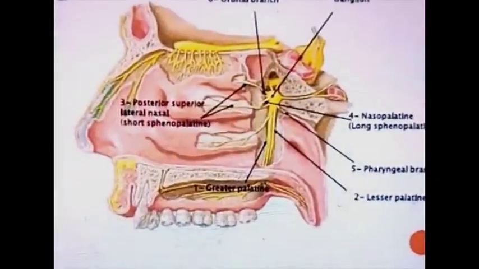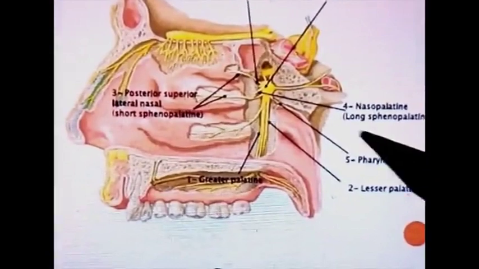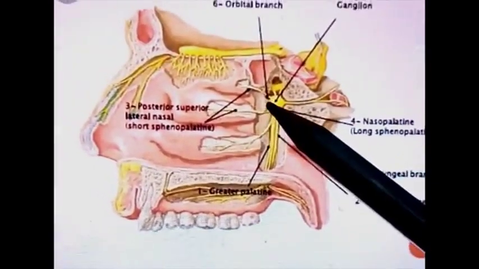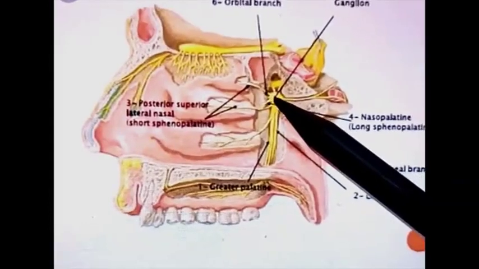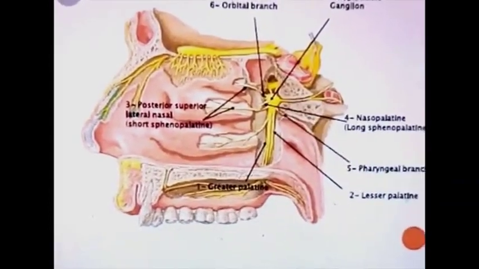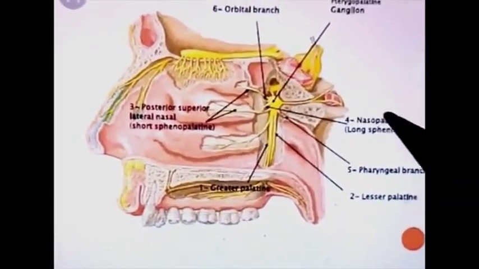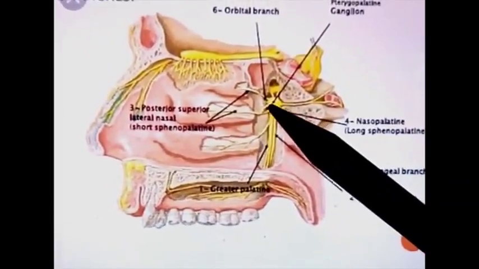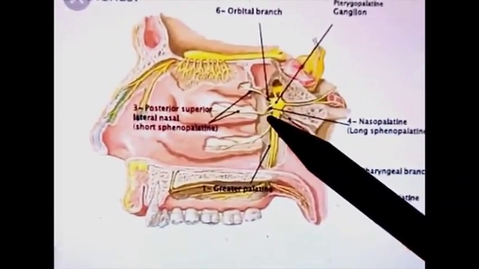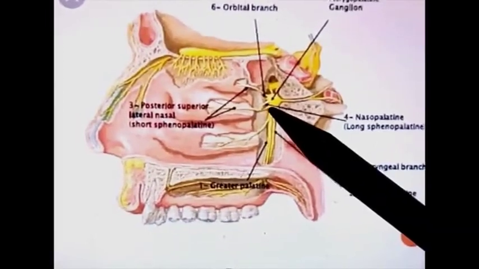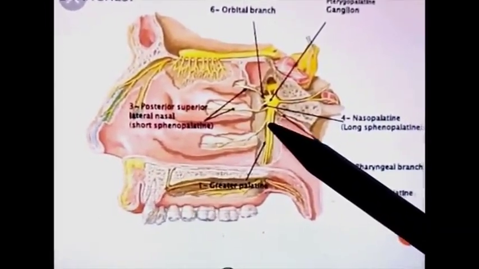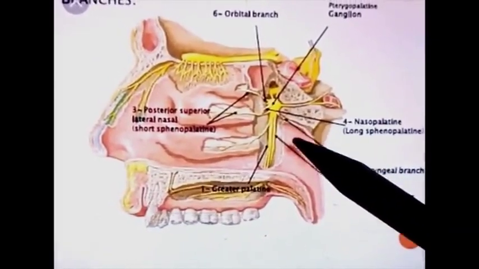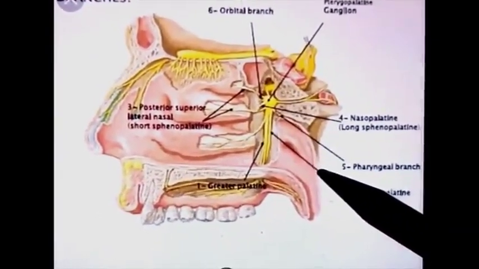Applied anatomy of the pterygopalatine ganglion. In cases of irritation or infection of the pterygopalatine ganglion, it causes congestion of the glands of the palate and nose along with the eyes also, producing runny nose and lacrimation. So this condition is known as hay fever.